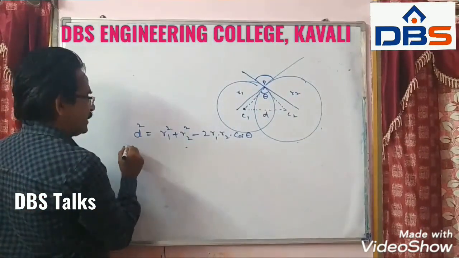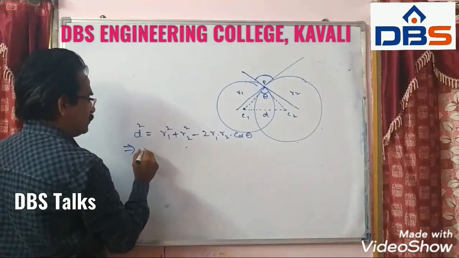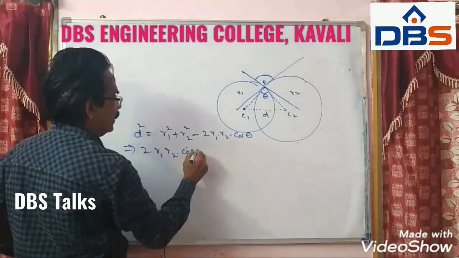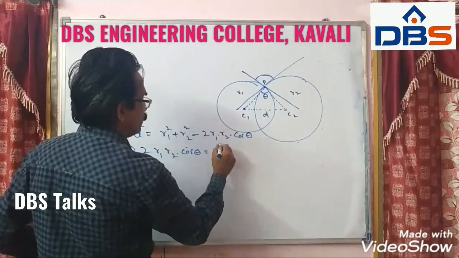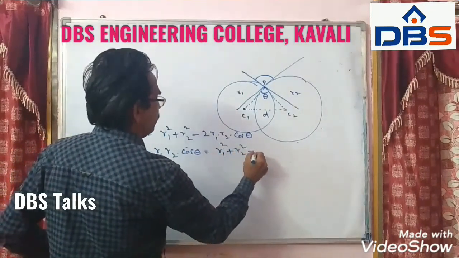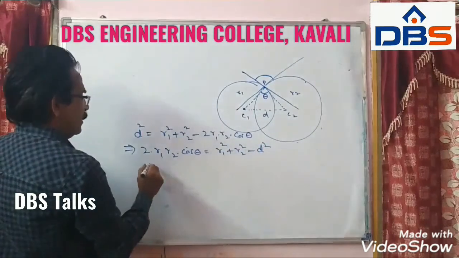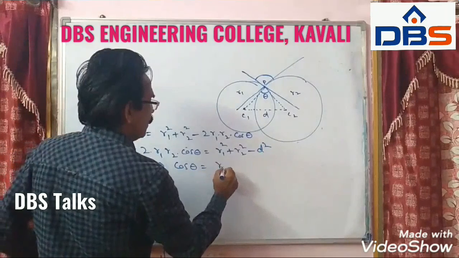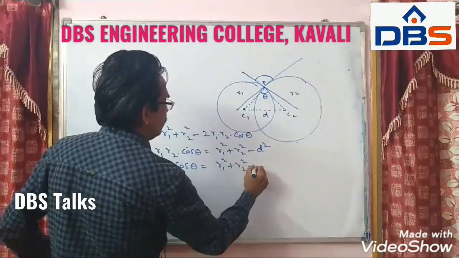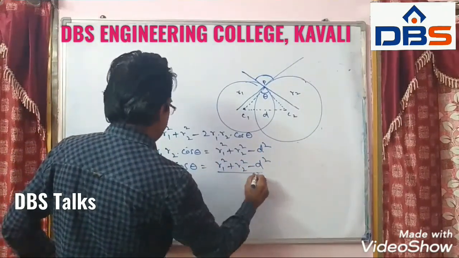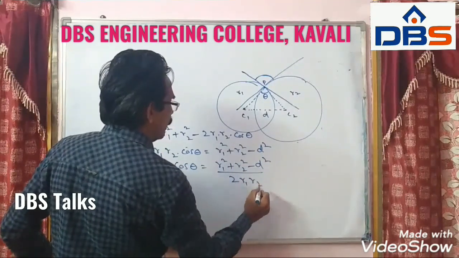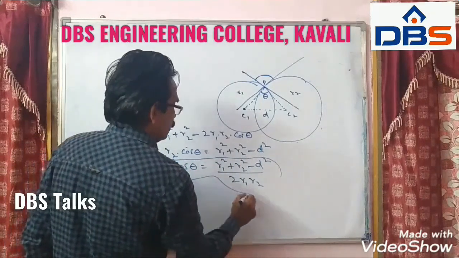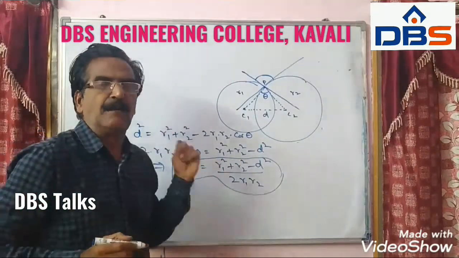So it implies, let us take this term to this side, 2 r1 r2 cos theta is equal to r1 square plus r2 square minus d square. It implies cos theta is equal to (r1 square plus r2 square minus d square) by 2 r1 r2. From this we can find theta.